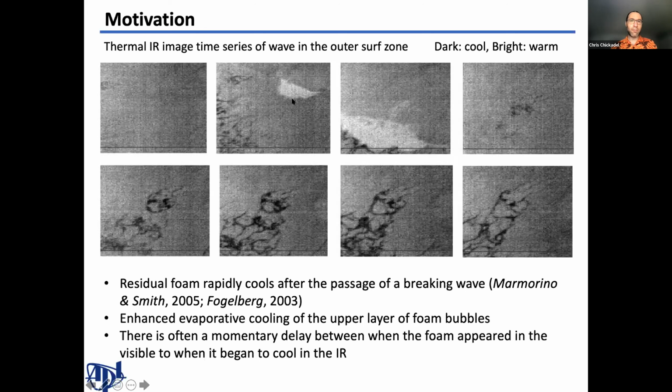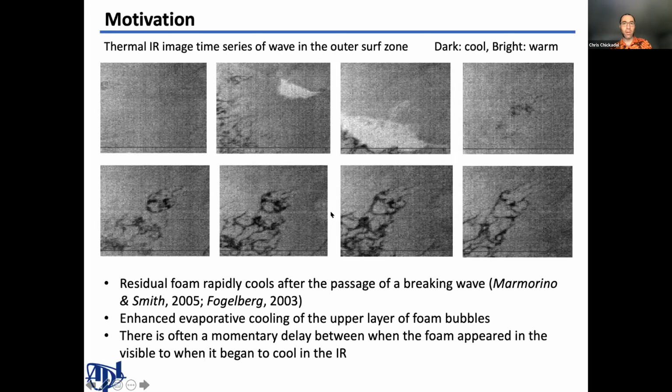This is the active wave. It looks warm, and that's because of the disturbance of the cool skin, showing the bulk water below. Of course, this is also aerated water. What is interesting, and what some had noted, is that the plume or the foam left in the wake, this passive foam, cooled some time after the passage of the wave, whereas it would still be visible as a bright patch in normal imaging.